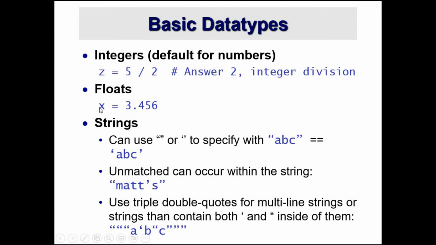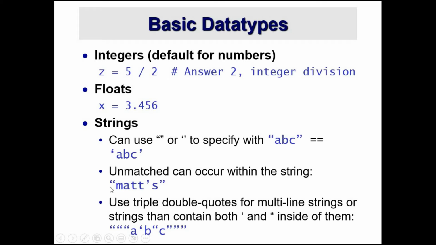As I've discussed before, the numbers having a decimal point in between are called floating point, and then strings. We can use the double quotation or the single quotation to specify, like abc is equals to "abc". We are going to perform all these examples, so don't worry. Quotes can occur within the string, like we start the word with a double quotation, then use a single quote, and then enclose the word with the double quotation.